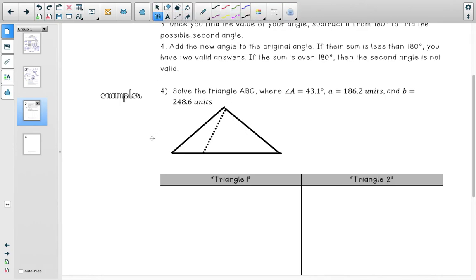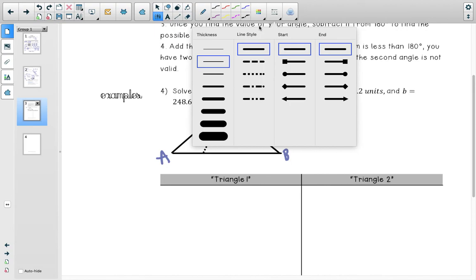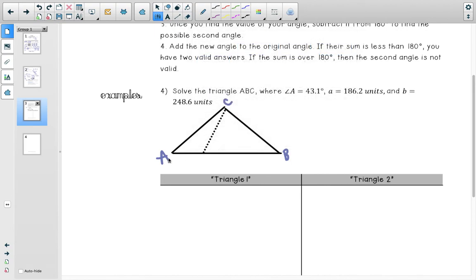Okay, so angle A, let's make this A. Let's make this B, and let's make this C. Okay, so angle A is 43.1 degrees. Side A is 186.2 units, and side B is 248.6.